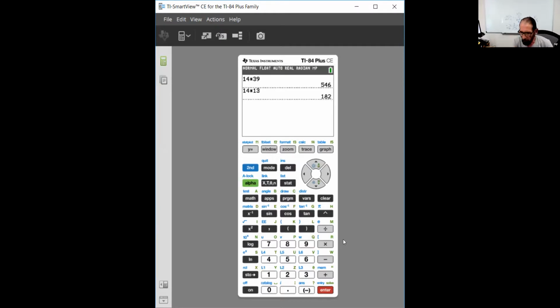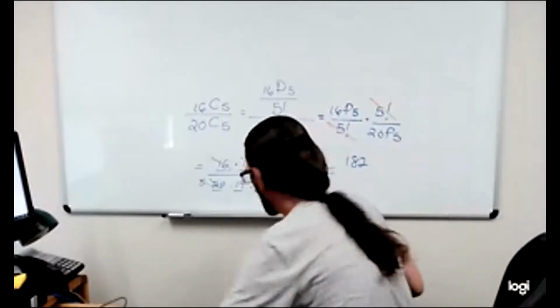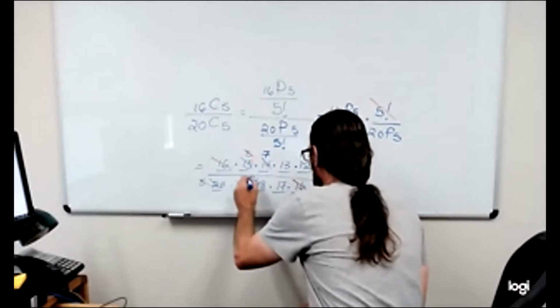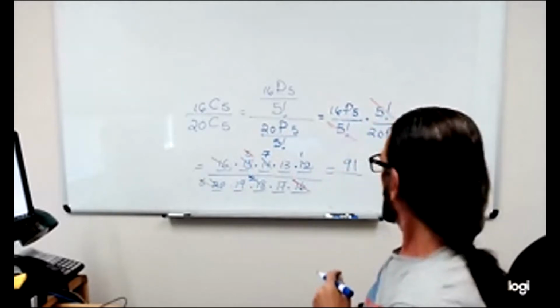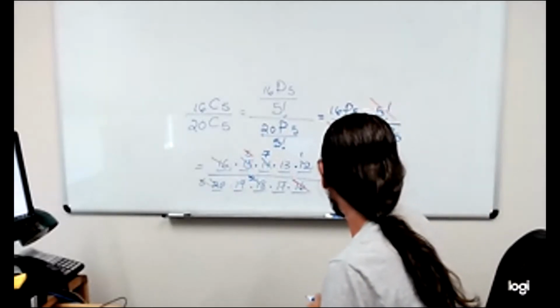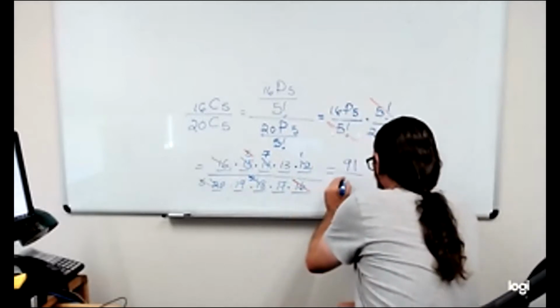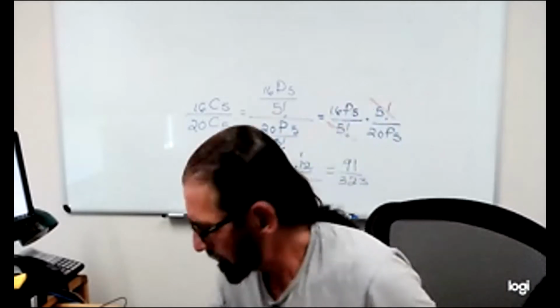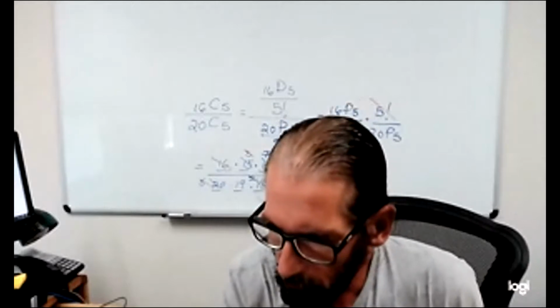I think I could have done even more reducing. I could have reduced the 14 over 2 to 7. Seven times 13 is 91. And 19 times 17. Let's see, 20 times 17 is 340. 17 less than that. I think we're going to get 323. I'll check that in just a moment. All right, let's see here.